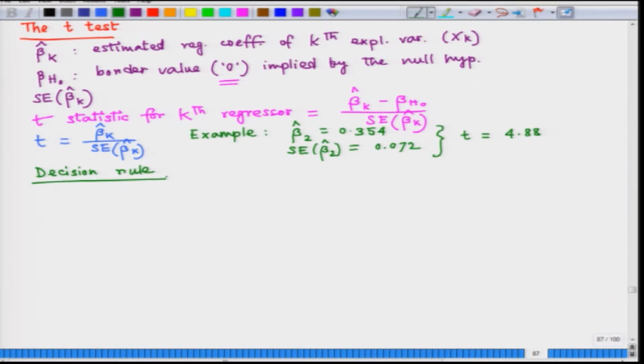Note that the kind of problem we are handling with the T statistic is related to the concept of a two-sided test, because we are taking a border value 0, right. So, if that is the case, then we have to have a new decision rule to be applied when we test a single regression coefficient, and let us now write it down.